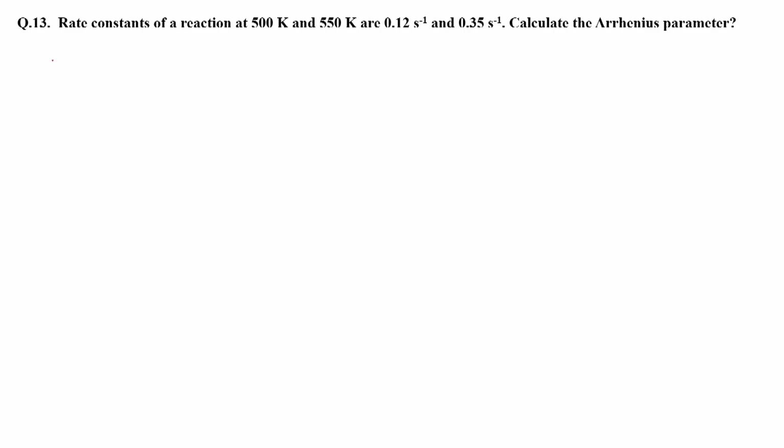This is a very similar problem to what we discussed just now. So, we know log K2 by K1 is EA by 2.303 times R, times 1 by T1 minus 1 by T2.